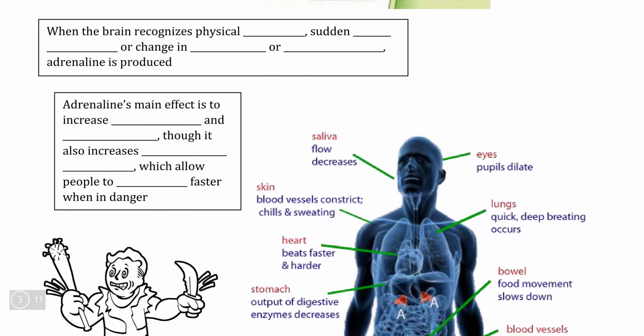adrenaline does. So when we discuss adrenaline, we should take a look at what the stimulus is that triggers the body to produce adrenaline. Now, the common popular understanding of adrenaline is that adrenaline is released when the brain recognizes physical threats. But what exactly are these physical threats?